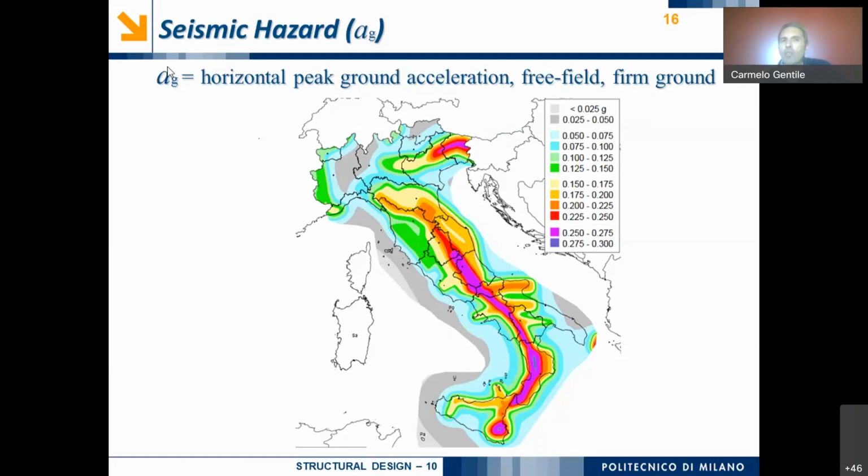We have a continuous mapping of the horizontal ground acceleration on free field and firm ground. But if my building is not in free field and not on firm ground, I can pass from the value given by the code to the effective design value of my building by amplifying it with some appropriate coefficient.